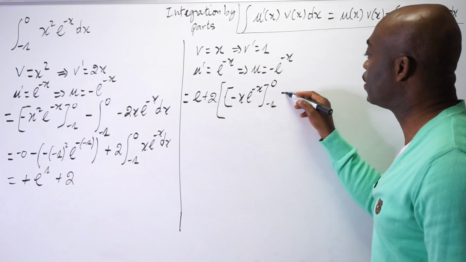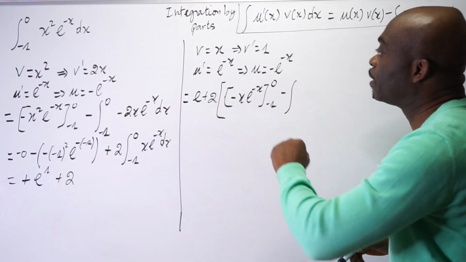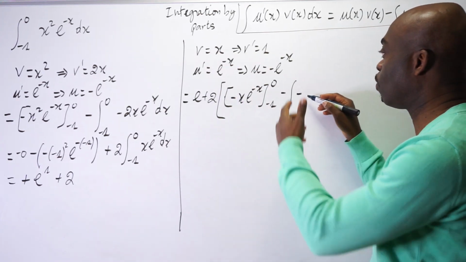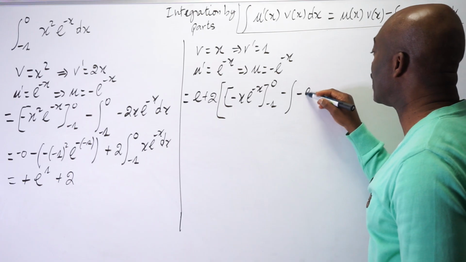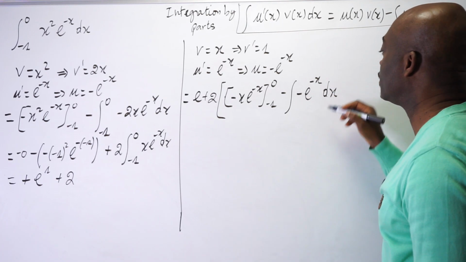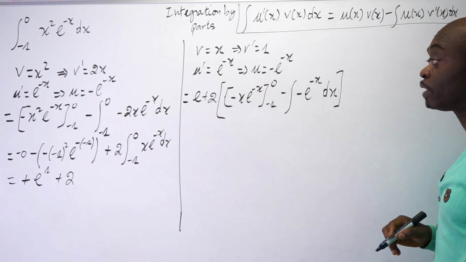Then minus the integral of u times v prime, so that's negative 1 times exponential negative x, dx in this case, all right? And then everybody's closed like that.